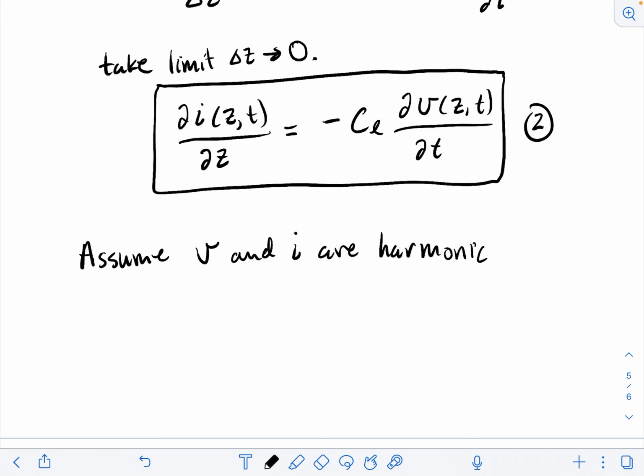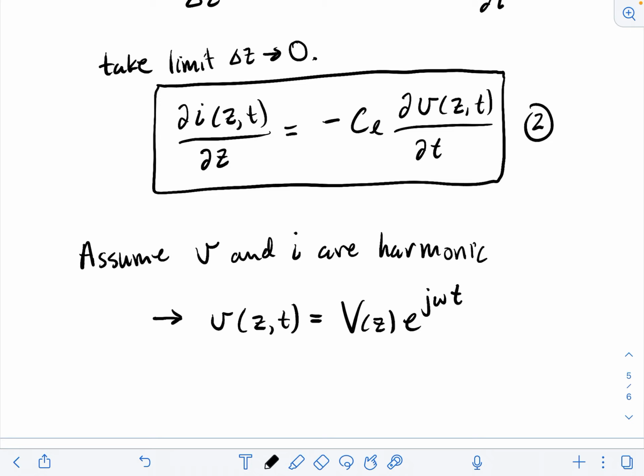So we can assume that the voltage, which is a function of position and time, is going to equal some amplitude, which is position dependent. And then all the time dependence occurs in the e to the j omega t.